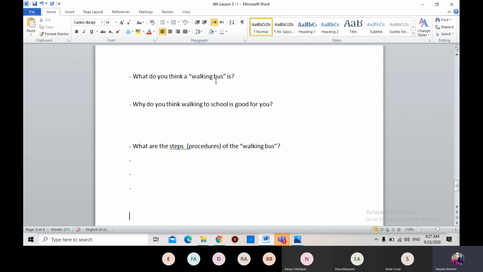So what do you think a walking bus is? It is a group of parents. They told us here, two parents, it's the turn of two parents walking through town, meeting children at their houses and walking to school together. Why do you think walking to school is good for you?